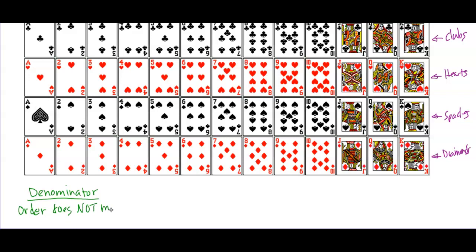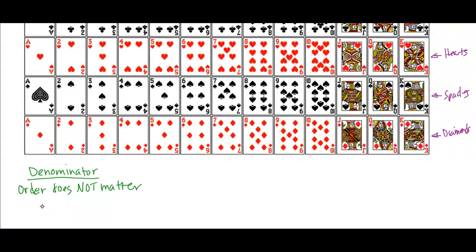Well, if the order does not matter, then we are doing a combinations question. And we've got 52 things we're picking from, and we're picking 5. So you have a choice about which formula to use. You can use the factorials formula, which would be 52 factorial on the top, 5 factorial times 47 factorial on the bottom.